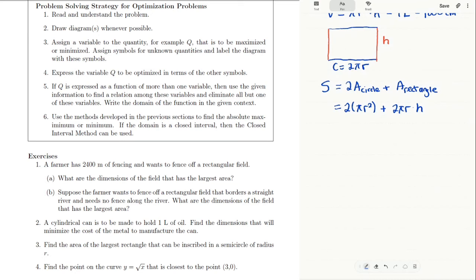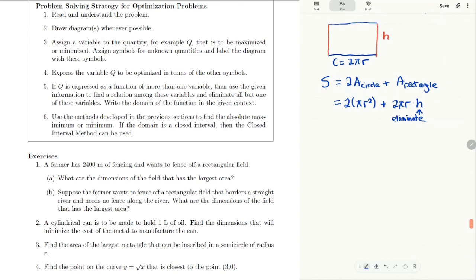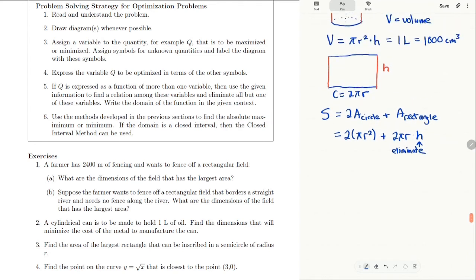Now notice that we have two different variables in this equation. We have both r and h, and so we need to eliminate one of these variables. So it's easiest if we look at eliminating the h variable from this equation. So from our constraint, we know that the volume has to be 1,000 cubic centimeters. So we're given that pi r squared times h has to be equal to 1,000.